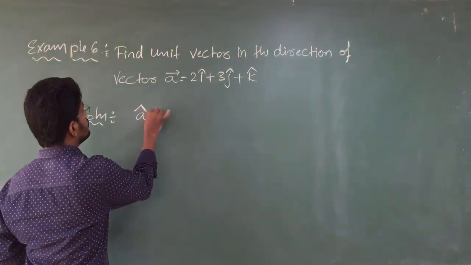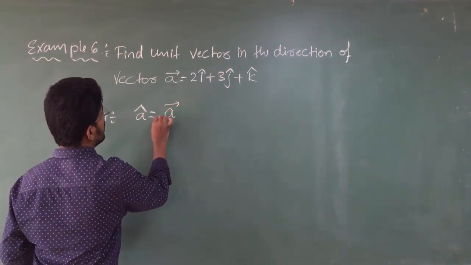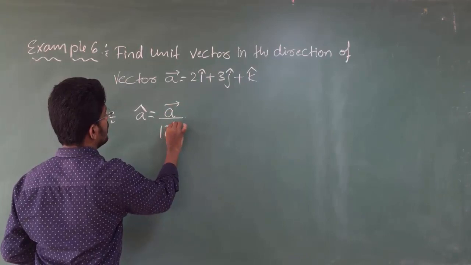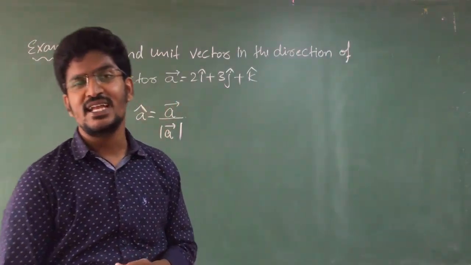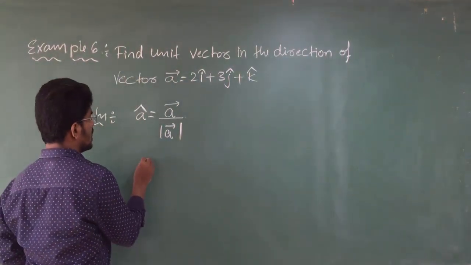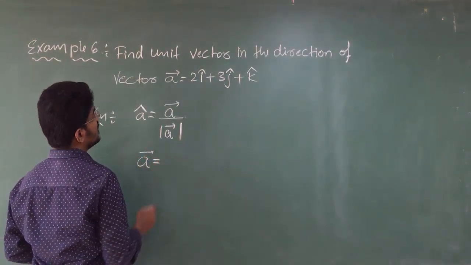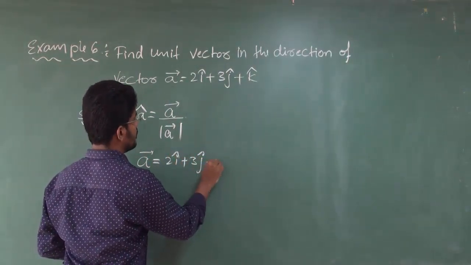The unit vector formula is vector A cap equal to vector A divided by mod of vector A. Mod of vector A means magnitude of vector A. Clear? Therefore, here vector A equal to 2i cap plus 3j cap plus k cap.